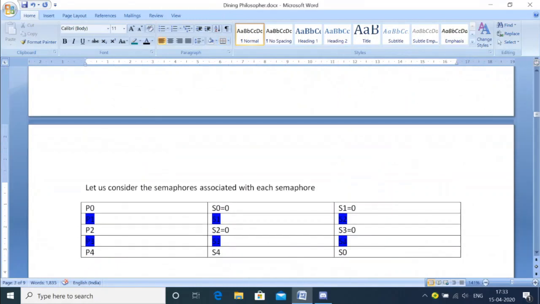Like 0 and 1. Yes, yes. And if the value is 0, then the fork is available for eating, right? No, no. If the semaphore value is one, then the fork is available for eating. That means other processes can take it. But if it's zero, it's not. Okay, sir.